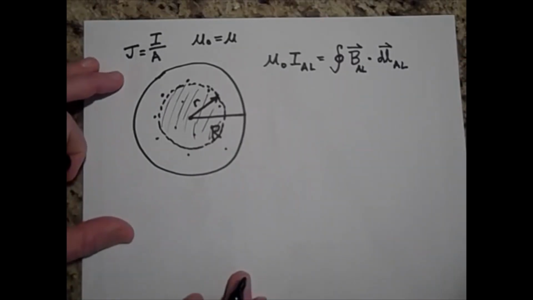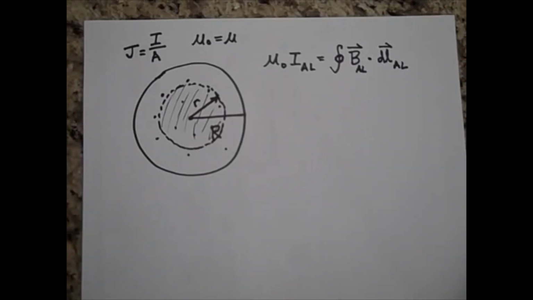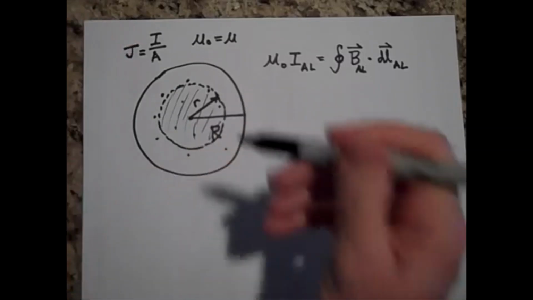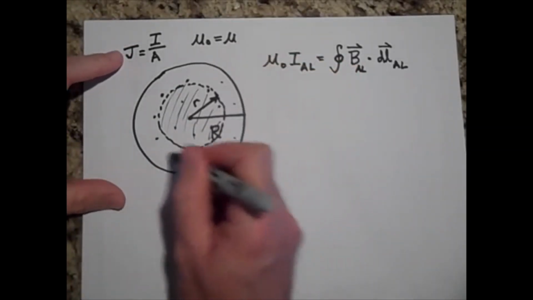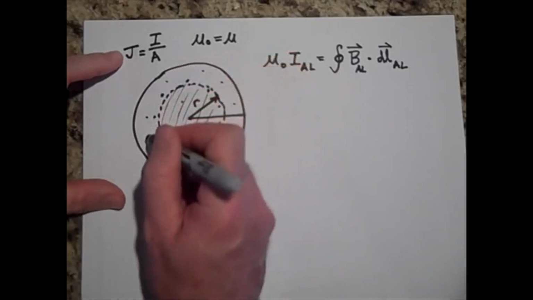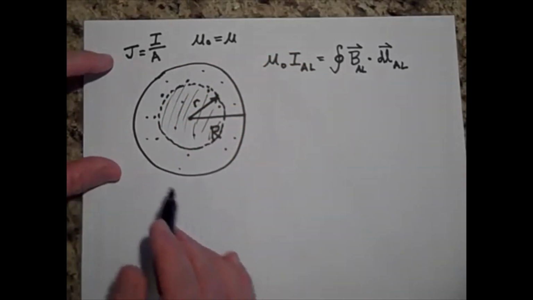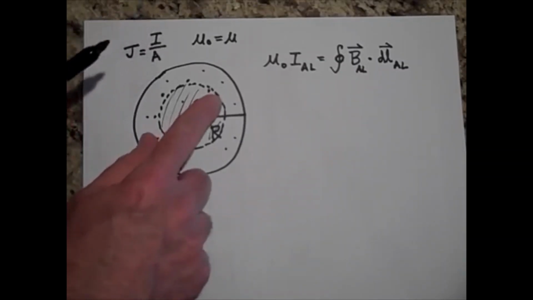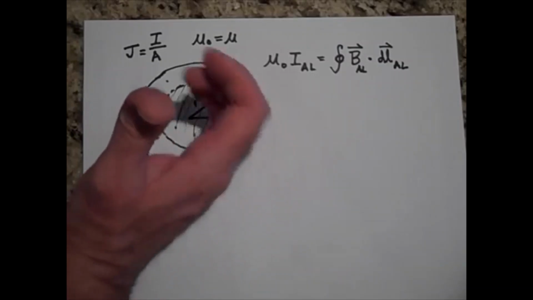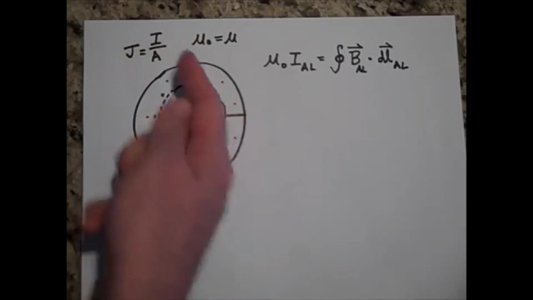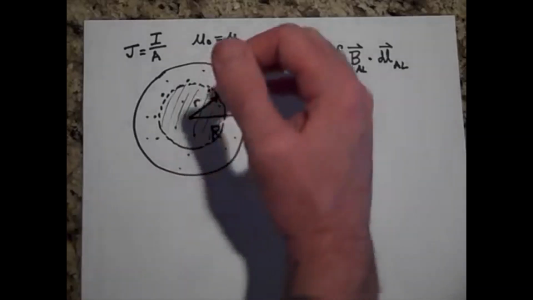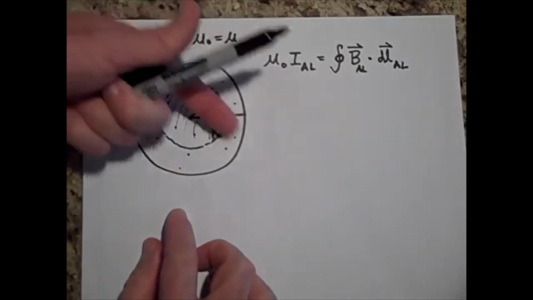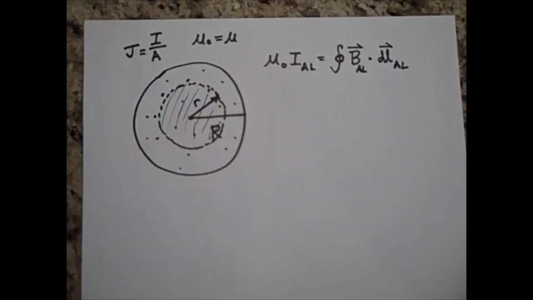Okay. So, as you might guess, let's just talk for a moment about the B that's due to these guys out here. We're going to get a cancellation effect from these, because the B's from here are going to be putting a field that way, where the B's from here are going to be putting a field this way, and so you're going to get a cancellation effect there.